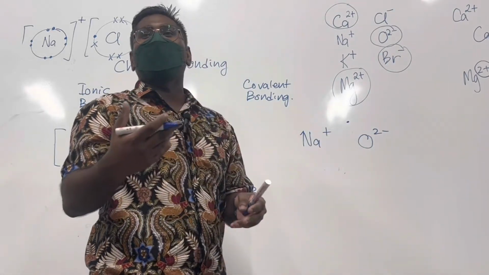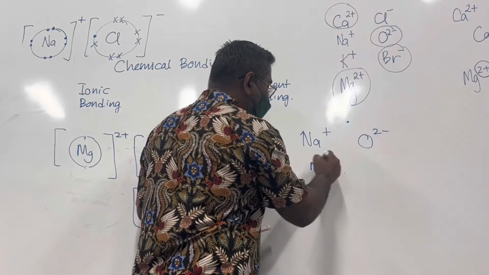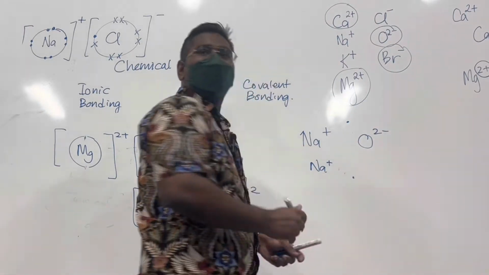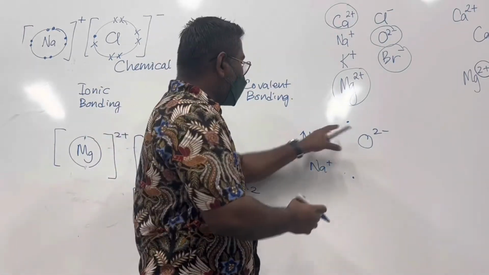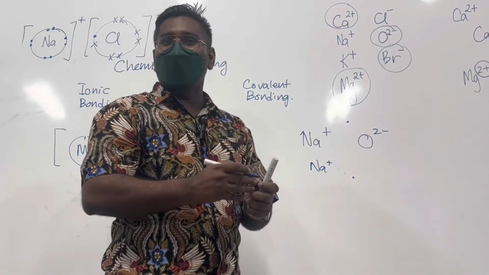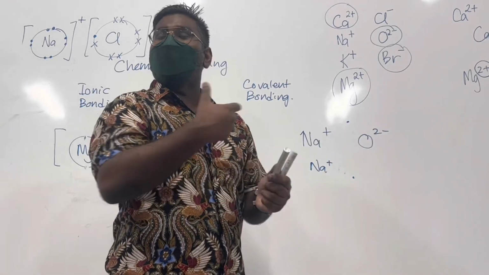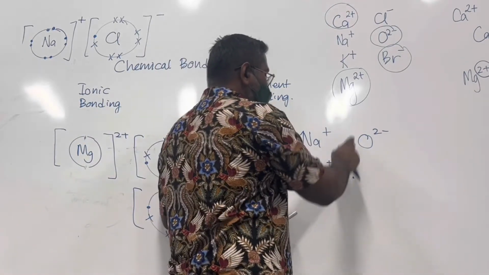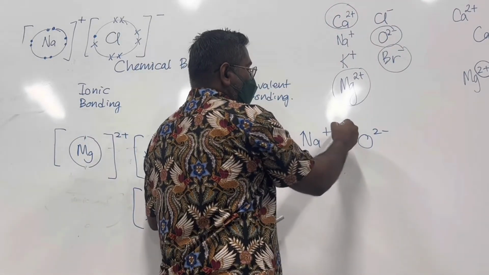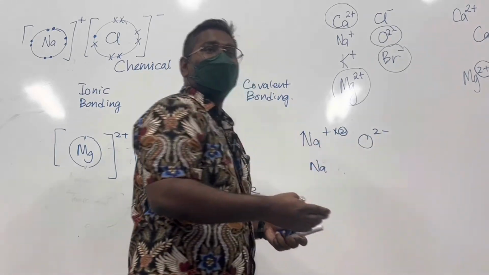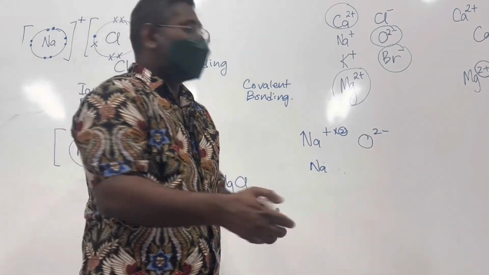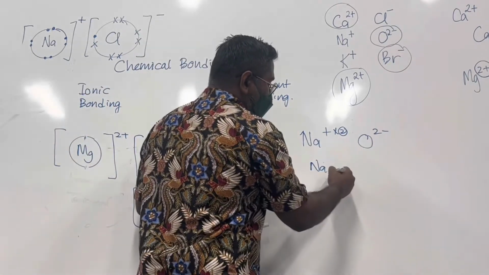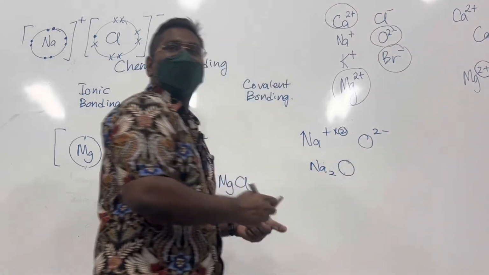Where will another electron come from? From another sodium. Then only these 2 electrons will be going into this oxygen. If you don't understand that, remember it that way. But if you are okay with that already, you just need to multiply by 2, make it 2+, and you write down Na2O.